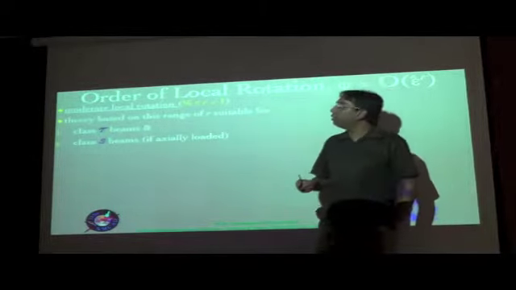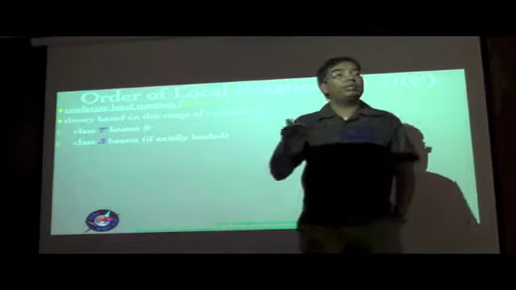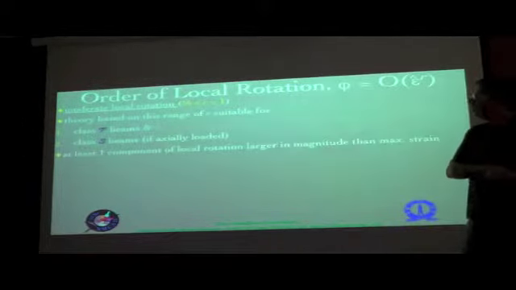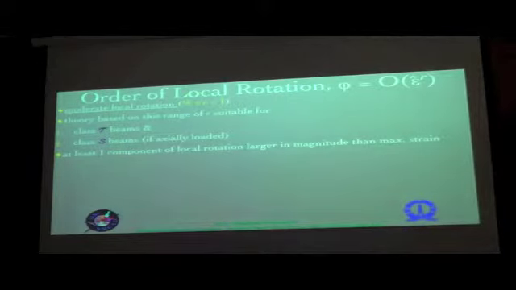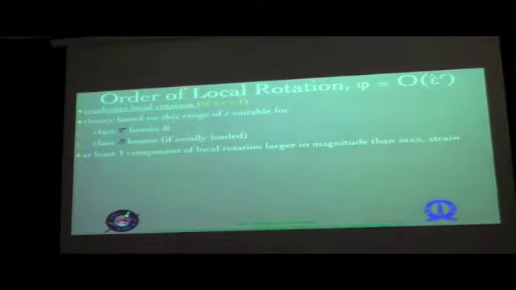You have to deal with moderate local rotation, which in turn means that the cross-section analysis is no longer going to be linear. It's going to be nonlinear. We'll see which are the terms that are important there. Now, at least one component of the local rotation turns out to be larger in magnitude than the maximum strain.